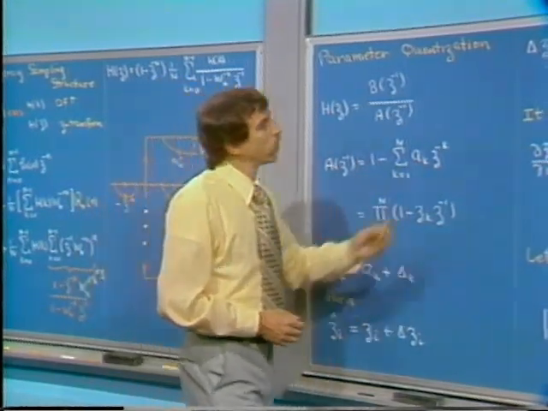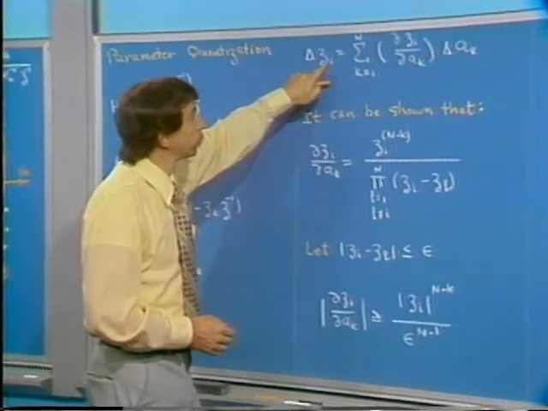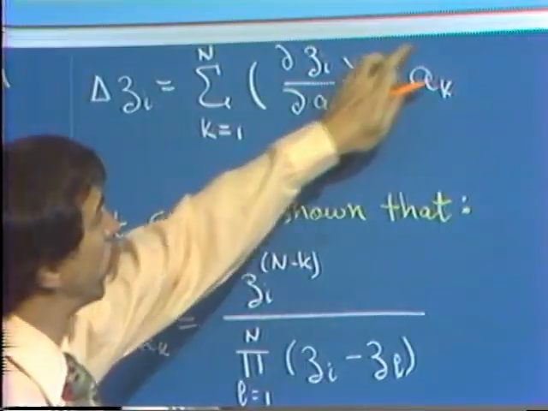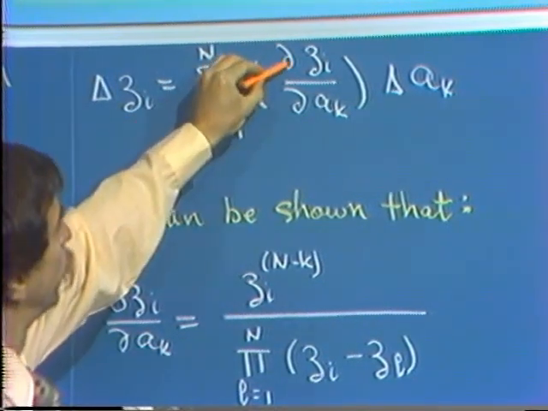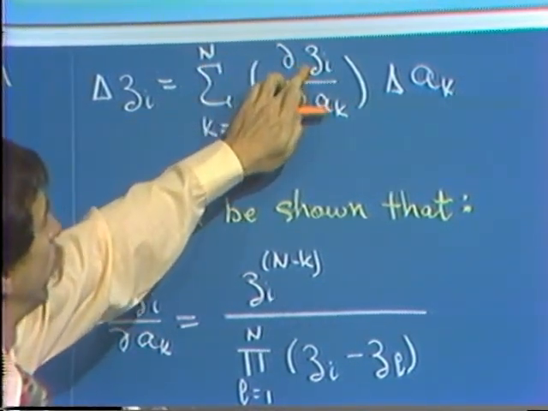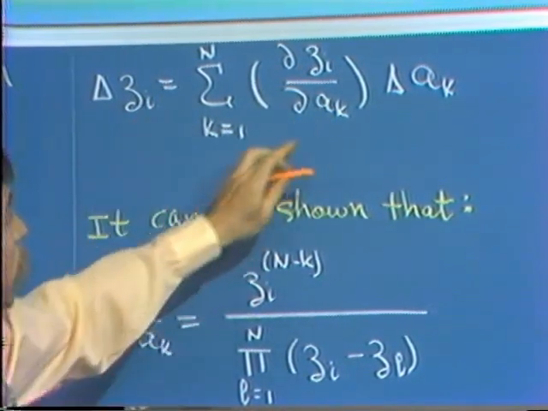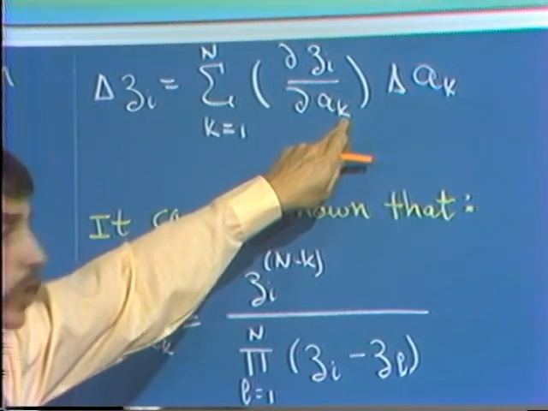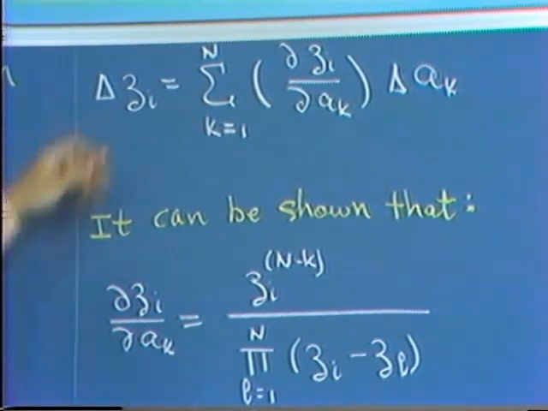In other words, we can express the movement of the pole in terms of the movement of the coefficients as a sum of the partial derivative of the ith pole, that's the one we're talking about here, with respect to the kth coefficient times the error in the kth coefficient. Well, this can be tracked through, and this is done in the text. I won't go through the algebra.